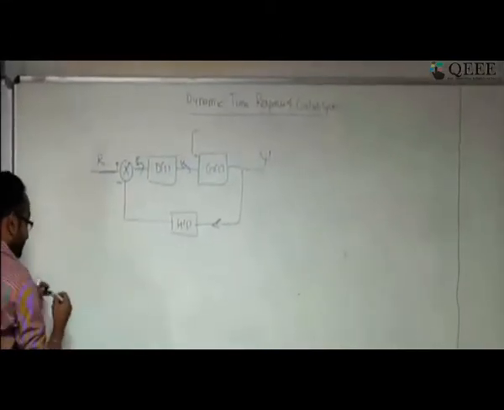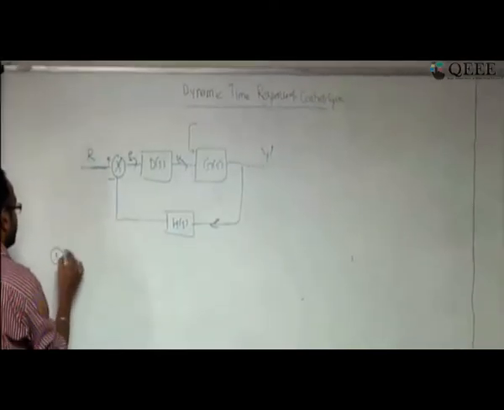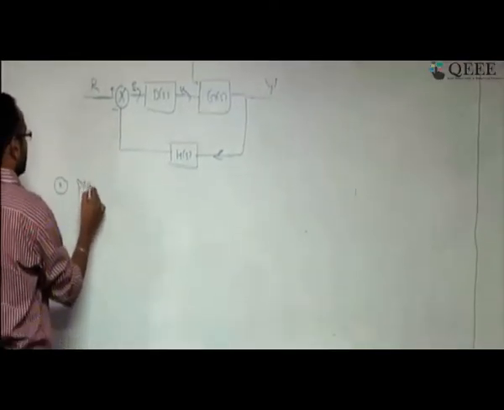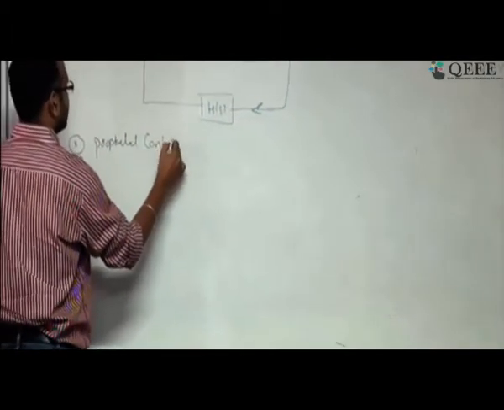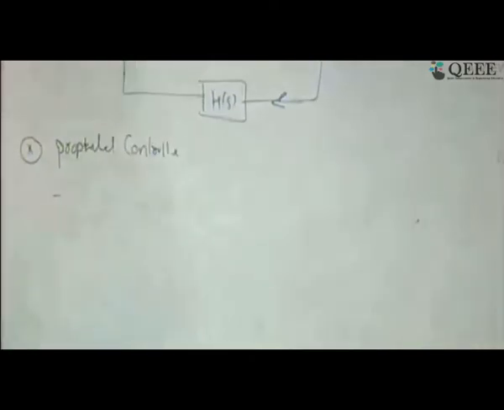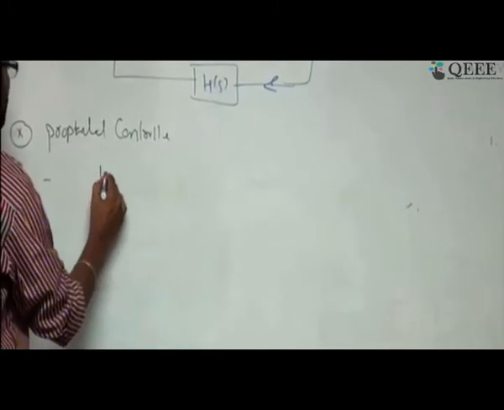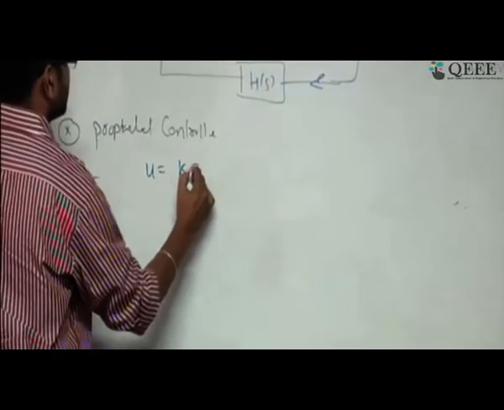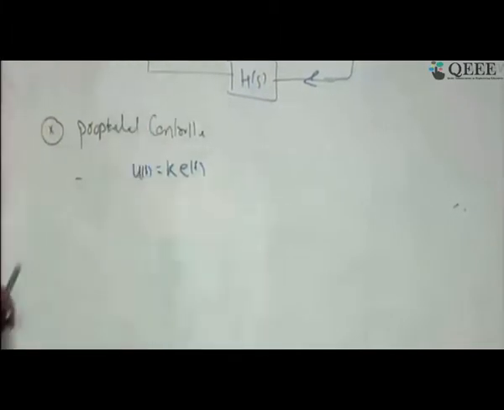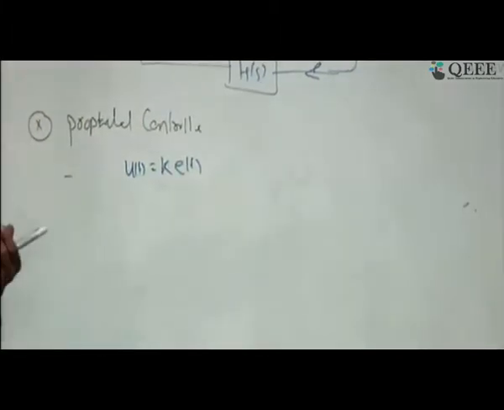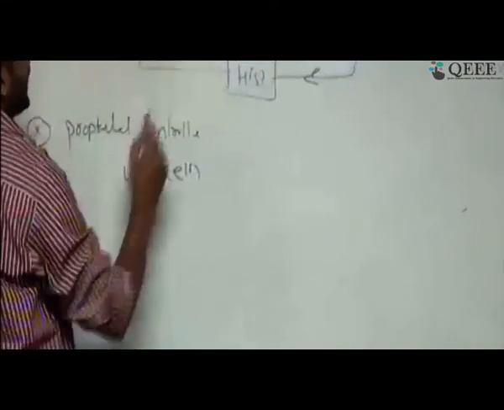So in the literature, three types of controller have been used. First, the proportional controller. In a proportional controller, this U is going to be directly proportional to E. Proportional controller means, as the word says, the control signal is going to be proportional to the error.